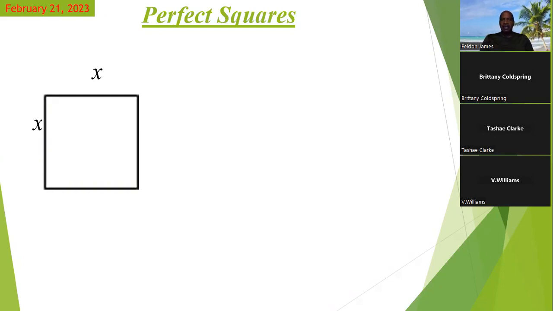So instead of saying length times width, when we're referring to the area of a square, we would just say length times length, right?